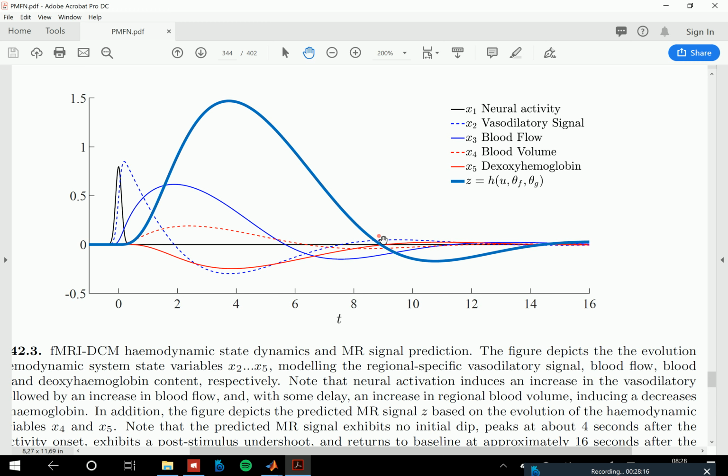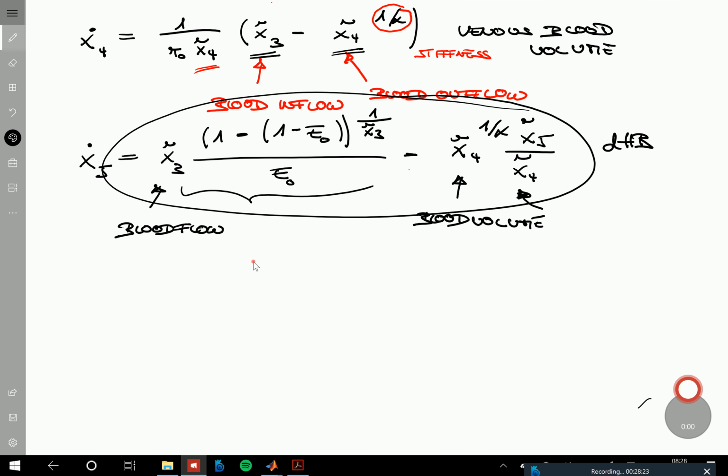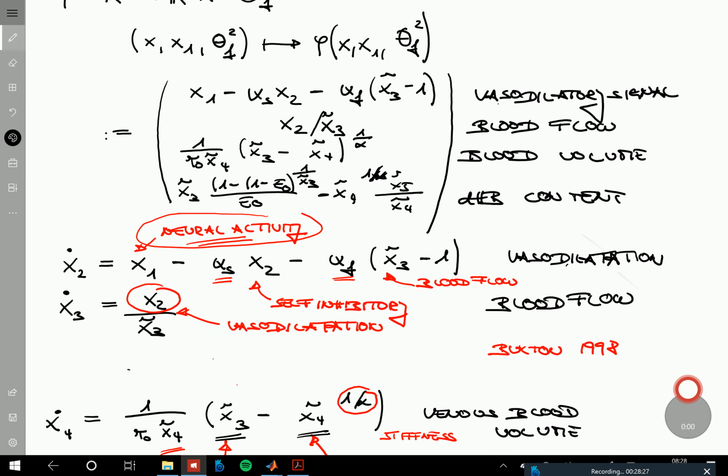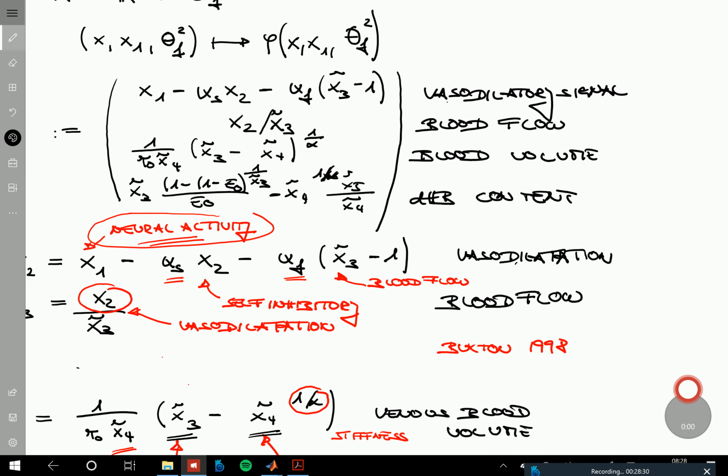So the way I'm looking at it right now is that the main motivation for these equations, or essentially for all the hemodynamic evolutions, is that they recreate what we have learned in our introduction to fMRI about the BOLD signal and its relation to vasodilatation, blood flow, blood volume, and deoxyhemoglobin content.